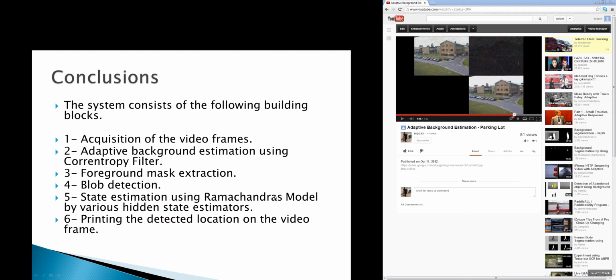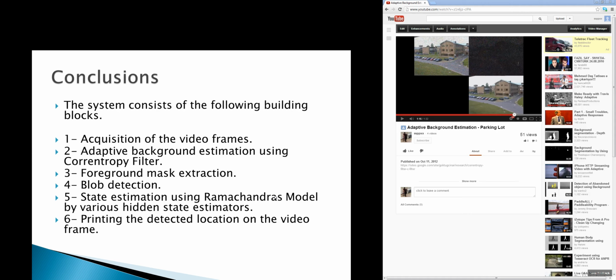So the system consists of the following building blocks. We acquire the video frames. We use adaptive background estimation using the Correntropy filter, which I have introduced in IJCNN 2011. We then do foreground mask extraction. We use the blob detection algorithm by Alexander Farley.